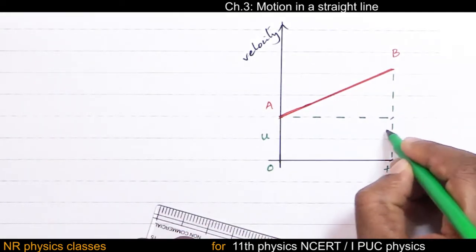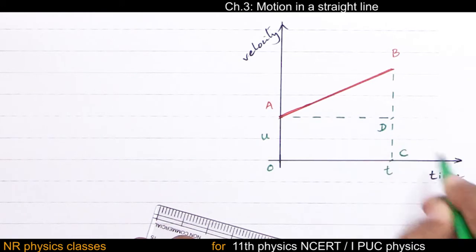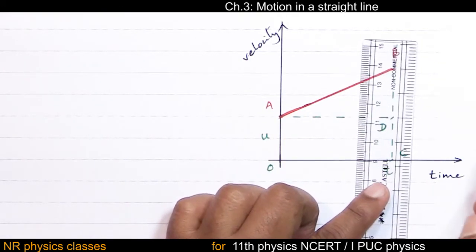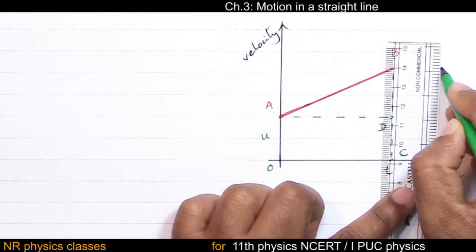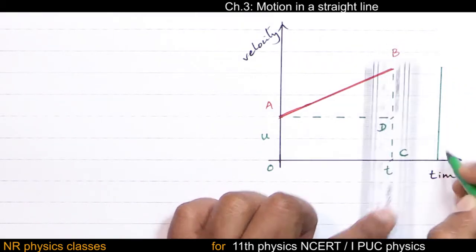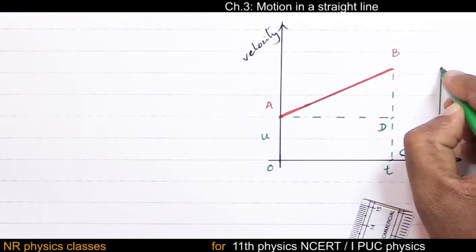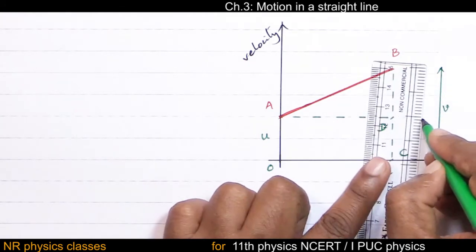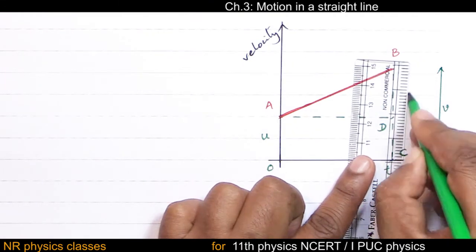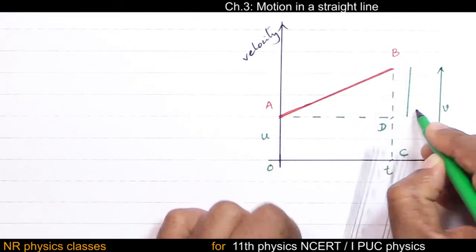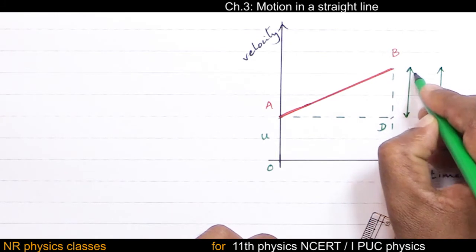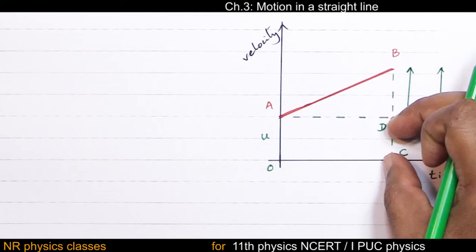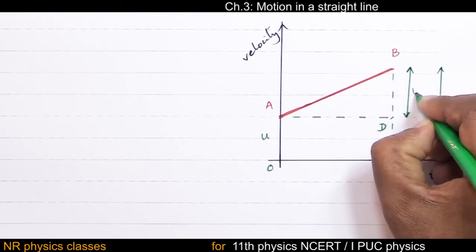Let this point be D. If this represents final velocity v, then this height represents final velocity minus initial velocity, that is v minus u.